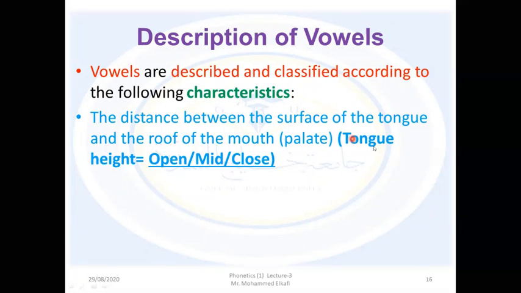Here we can also describe it as tongue height: open, mid, or close. Also, in case mid is near to open, we can say open mid. In case it's near to close, we'll say close mid.